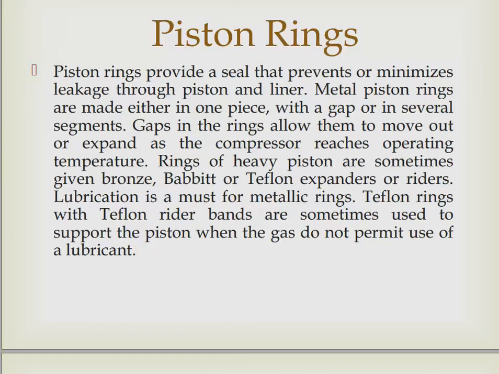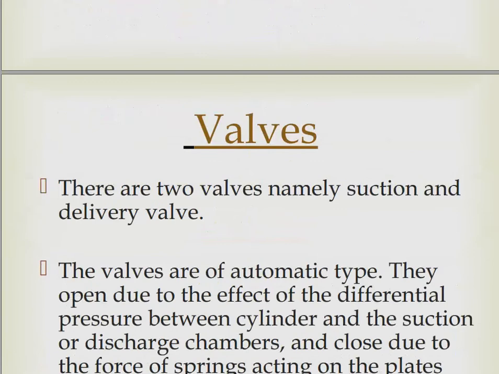Rings of heavy pistons are sometimes given bronze, Babbitt or Teflon expanders or riders. Lubrication is a must for metallic rings, and Teflon rings with Teflon rider bands are sometimes used to support the piston when the gas does not permit use of lubricant.